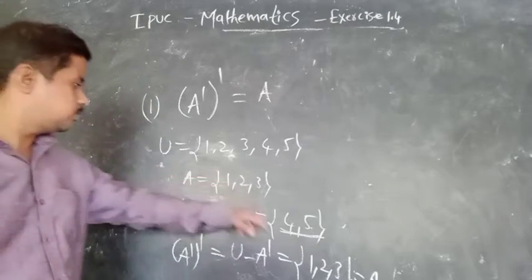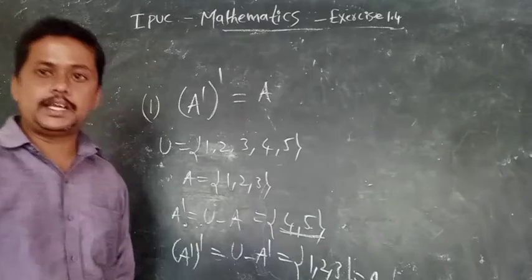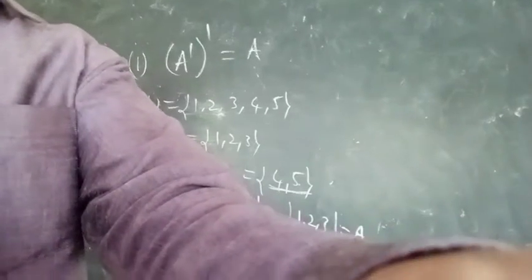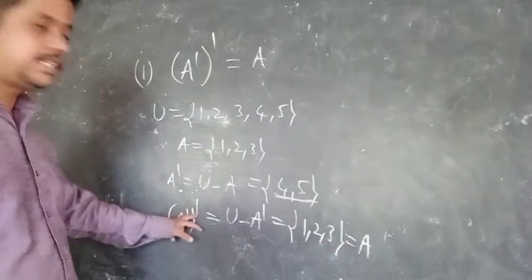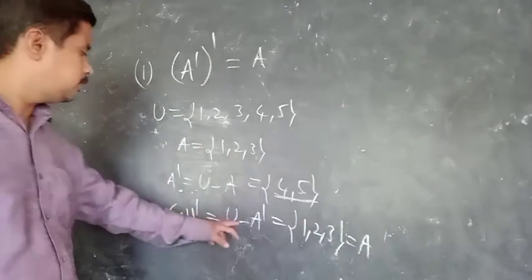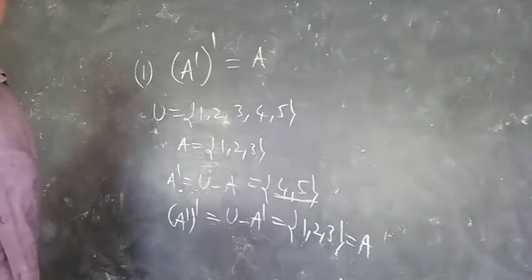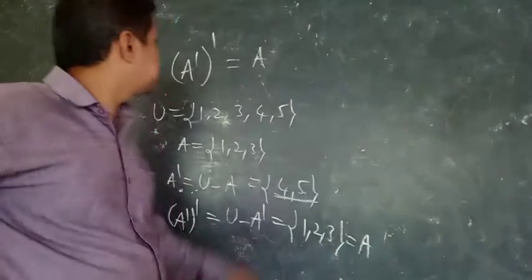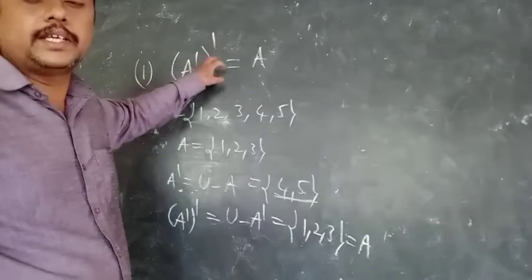So A dash whole dash equals U minus A dash equals 1, 2, 3 equals A only. So what is the property? A very, very important property: A dash whole dash equals A.